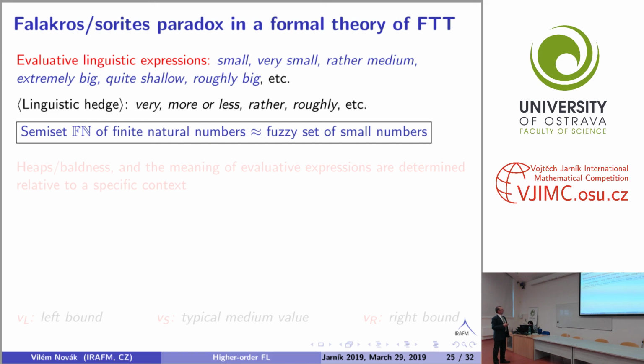Using this fuzzy type theory, we can model a semiset of finite natural numbers by a certain fuzzy set of small numbers. So we construct a formula whose interpretation is small or very small, and all these expressions. And in fact, this can be taken as an approximation of a semiset of finite natural numbers from alternative set theory. Notice one essential thing.